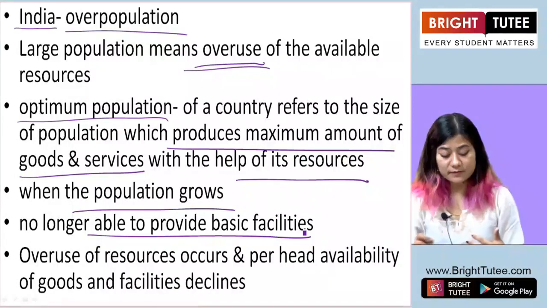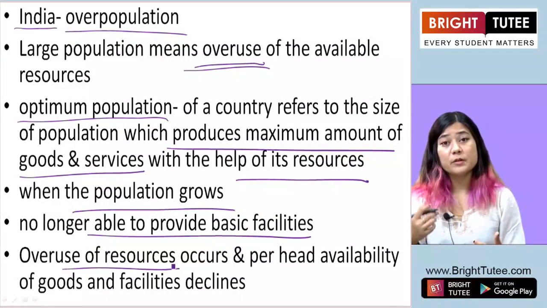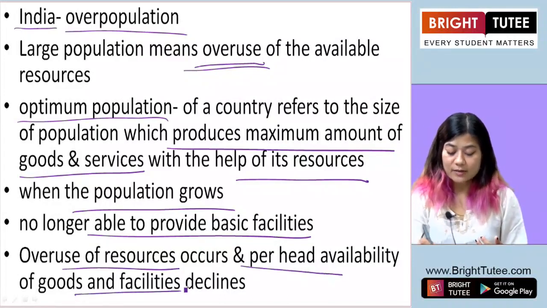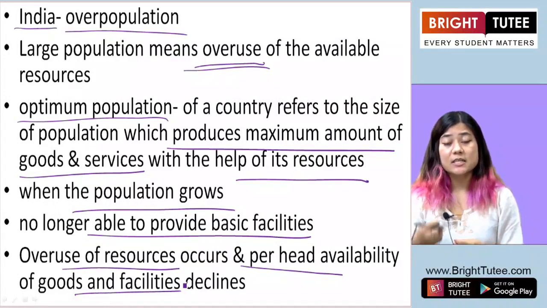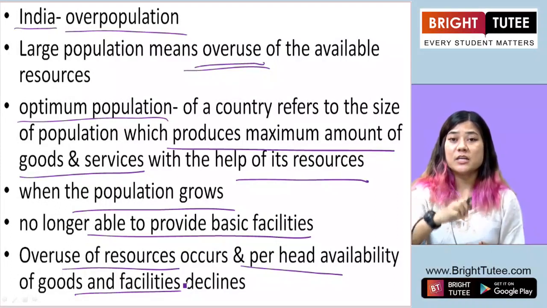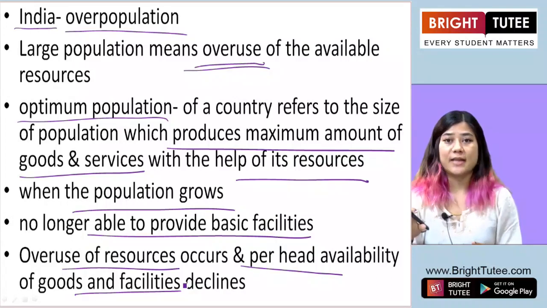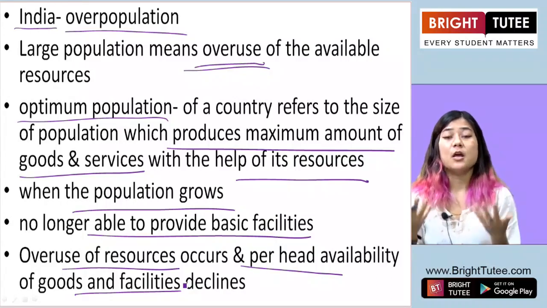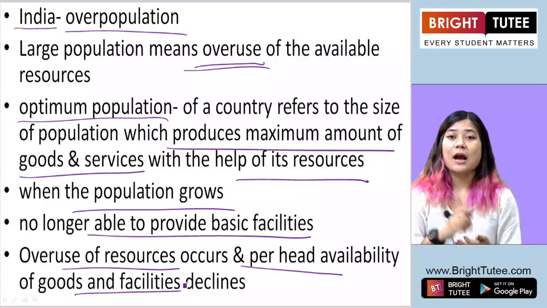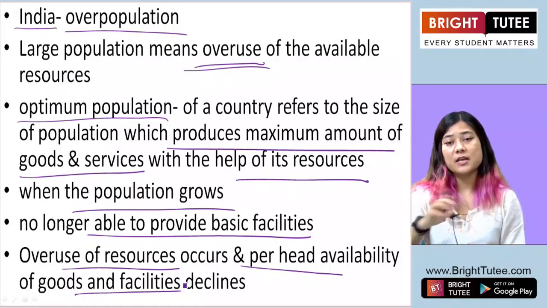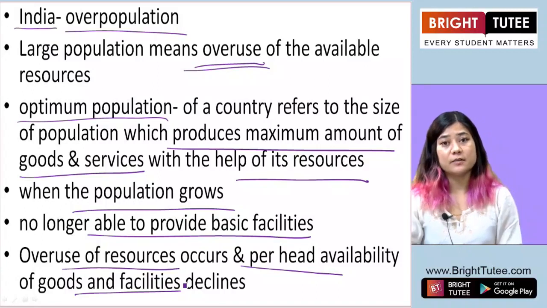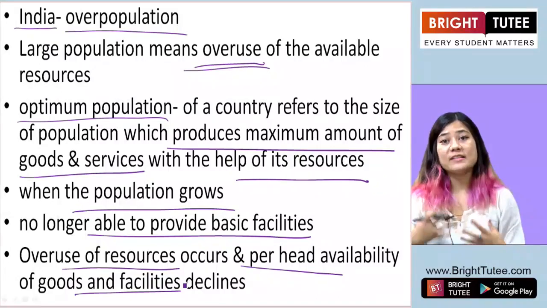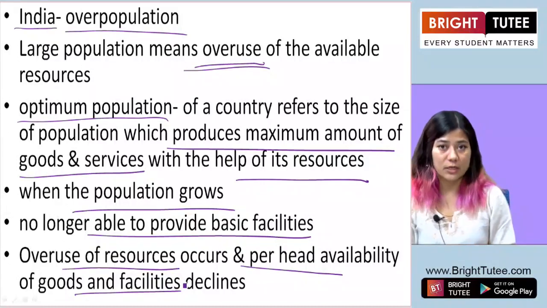As a result of that, the resources will be overused, and the goods, services and facilities which should be provided for each and every individual also decline, because there are not enough goods and services for every single individual living in that country. So this is what happens when there is a state of overpopulation.